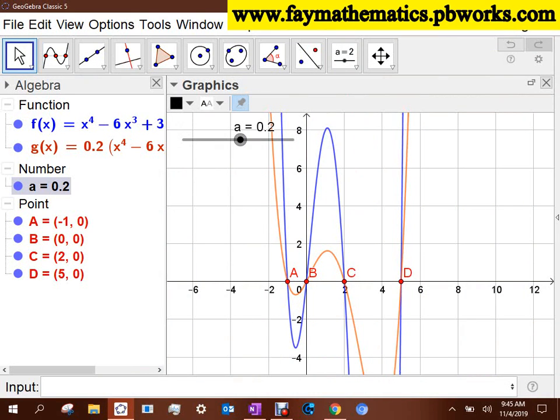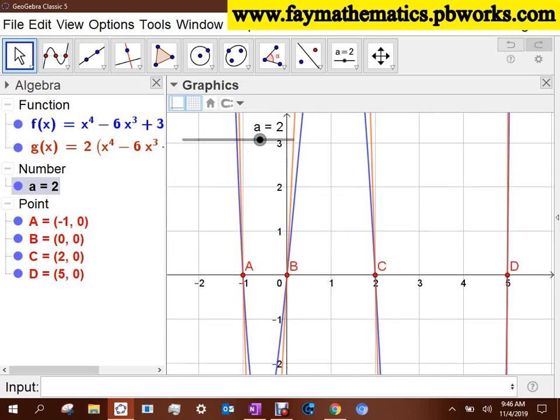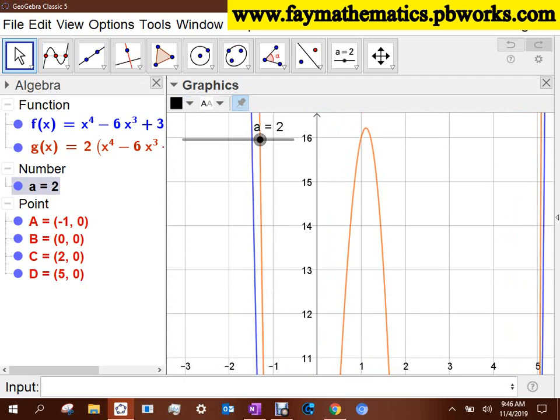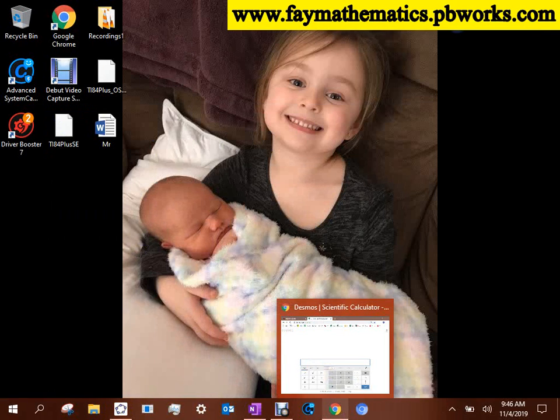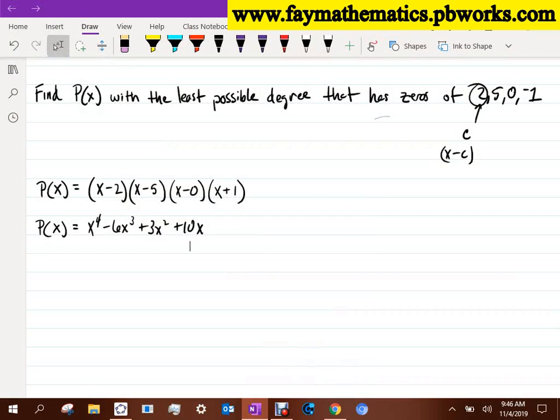Okay. So what they're going to ask you to do at some point, they might say, we've got the point 1, 16. This is what we call a general P of x, because there's an infinite number that go through that.